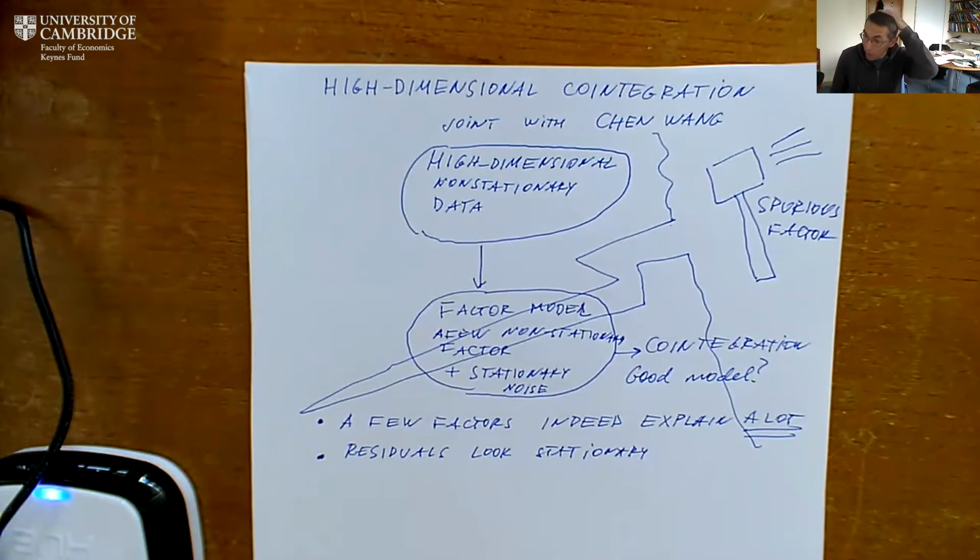The big portion of our project was to document the spurious factor phenomenon and argue that it appears very, very often in various theoretical and empirical studies of high-dimensional non-stationary data.